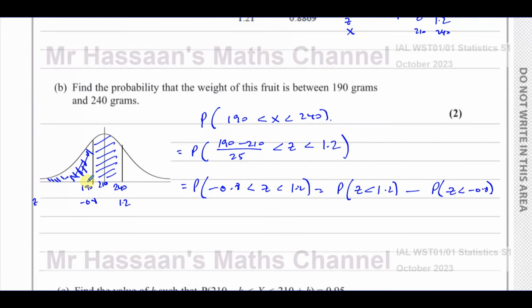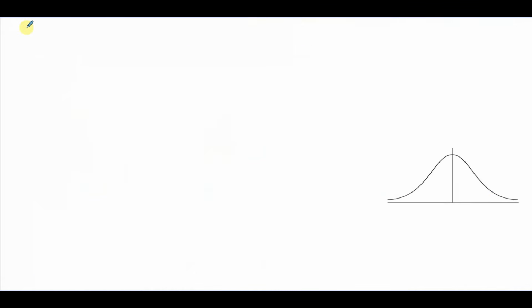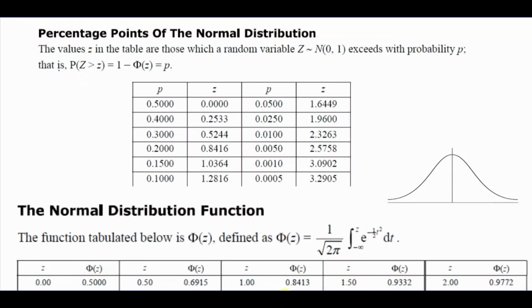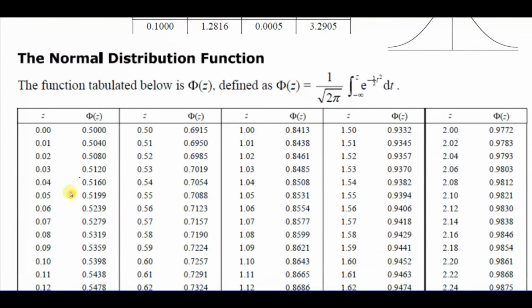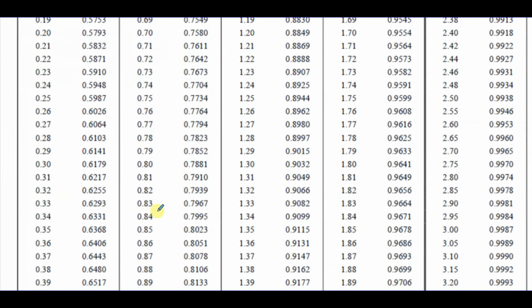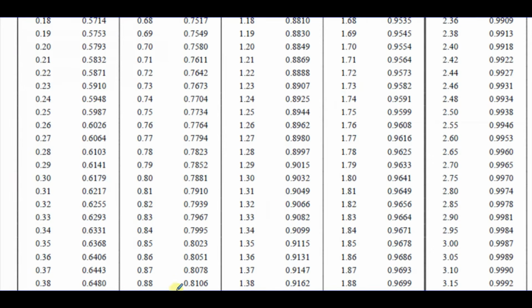Well, we can't find that from the formula sheet, because on the formula sheet, what we'll have is Z equals 0.8. Okay, if we go back to the formula sheet, here's a formula sheet over here. We don't have Z equals minus 0.8, we have Z equals 0.8. So I'm going to take that because we're going to use that actually.